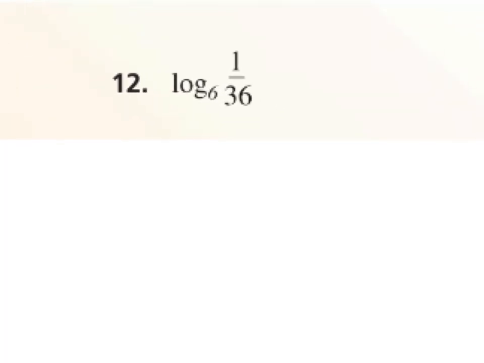All right, it's 12. Same thing before, we can do our change of base. So what goes on top? 1 over 36, and then log of 6 on the bottom. We could do it this way, put it in our calculator, or we could say 1 over 36 is 6 to what exponent? What power do we need on 6 to be equal to 1 over 36?